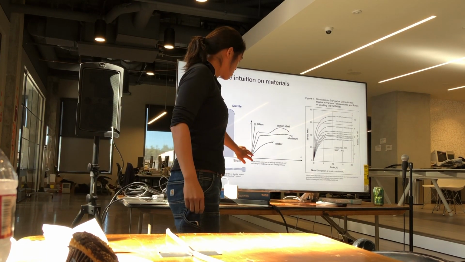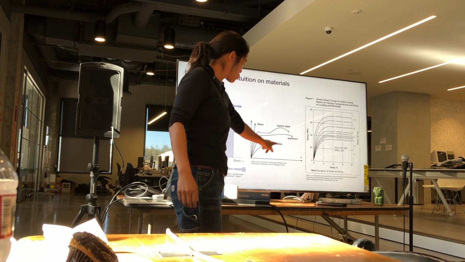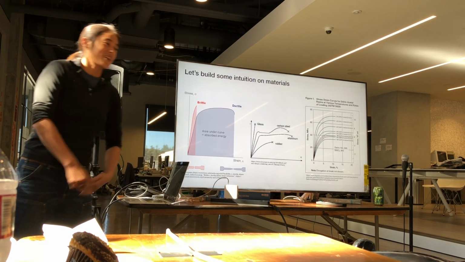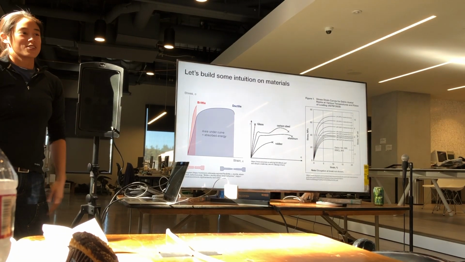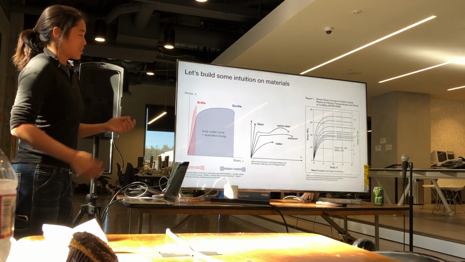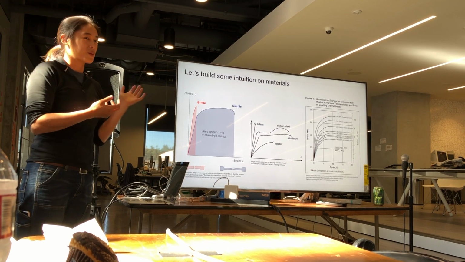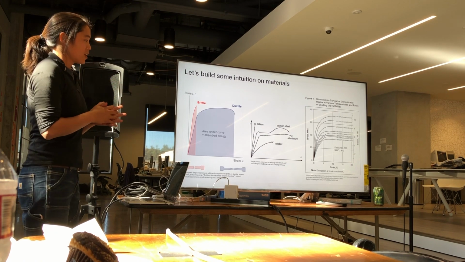Here's another cartoon of various comparisons of different materials: rubber, aluminum, steel, and glass. So it's cool at this point to think about what it is that makes materials stiff. Materials on an atomic or molecular level are bonded in different ways.